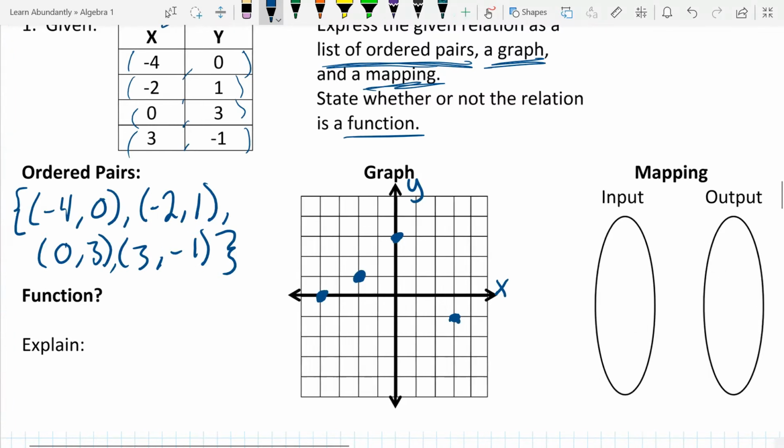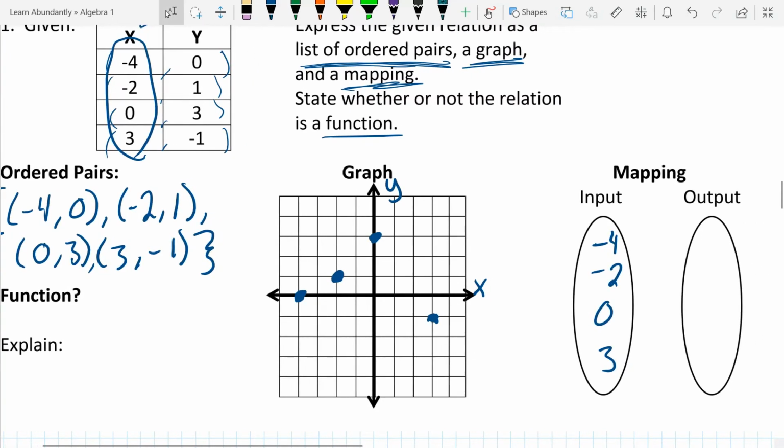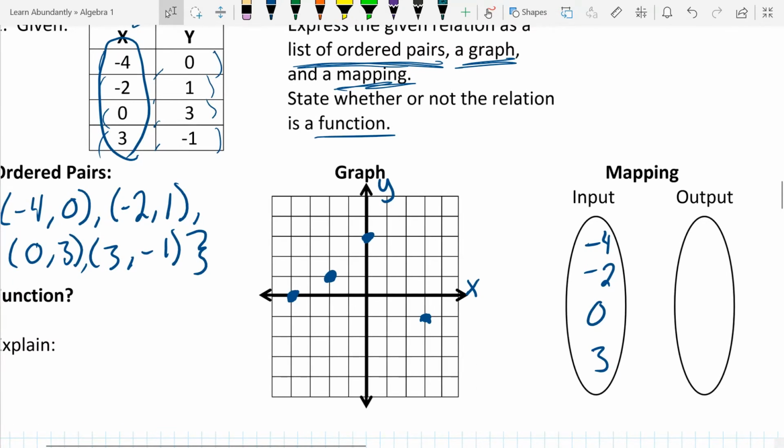The next thing I'm going to do is my mapping. So if you notice in my x's up here, none of them repeat. So I am going to put them in order, but they're already in order. So I'm going to go ahead and just copy right down. -4, -2, 0, and 3. For my output, none of them repeat, but they are in the wrong order. So I'm going to go ahead and put -1.